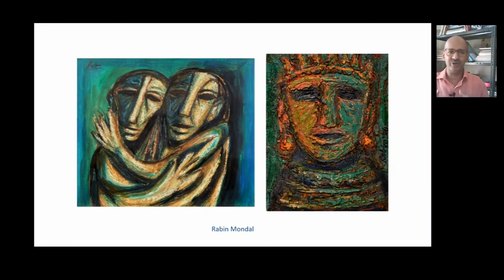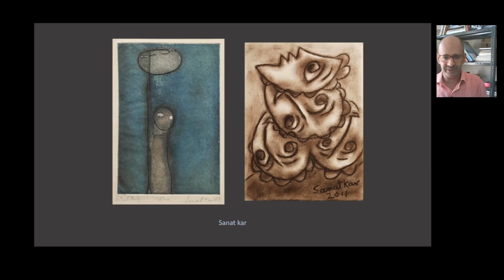But the way Robin Mondal appropriates that and creates his own art, which is primarily about human expressions not just on the face but also on the body, strong, robust figuration became very important for these artists like Robin Mondal.